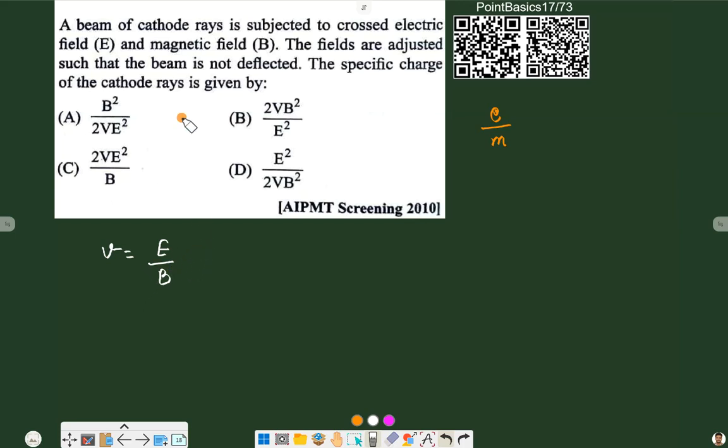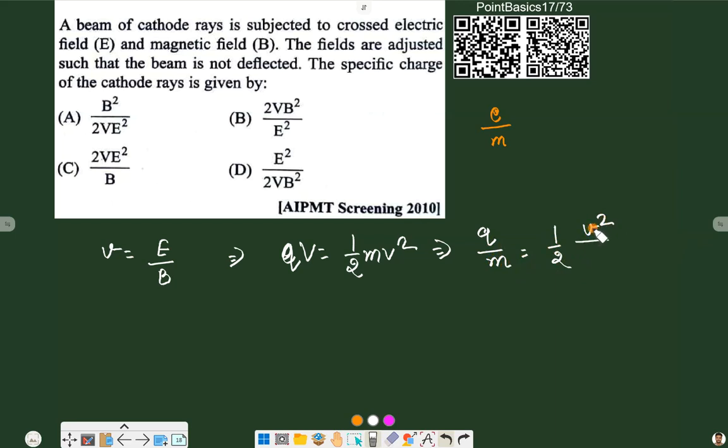As these forces are balanced and this is a charged beam, the velocity acquired by the charged beam is due to the electric field or electric potential. Here V is the potential, so we can say QV is equal to half mv square, and from here, as we have to find q by m, charge by mass q by m will be v square by 2V.